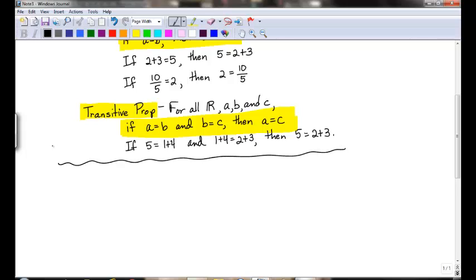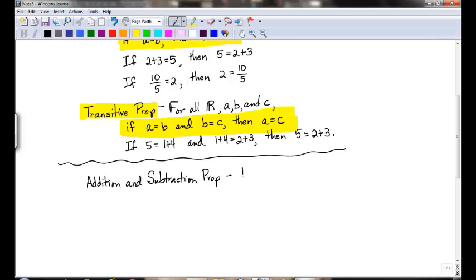Okay, the next one, and you've had these before too, but you need to have these properties for the proofs that we're going to do. The next one is the addition and subtraction property.